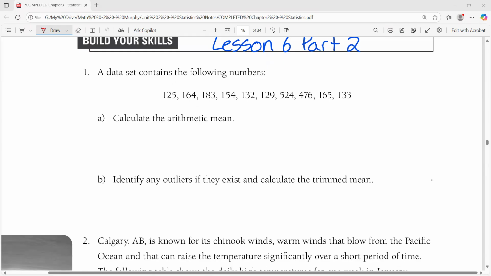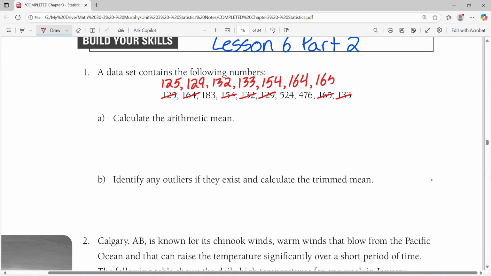It looks like our lowest is 125, and then 129, 132, 133, 154, 164, 165, 183, 476.